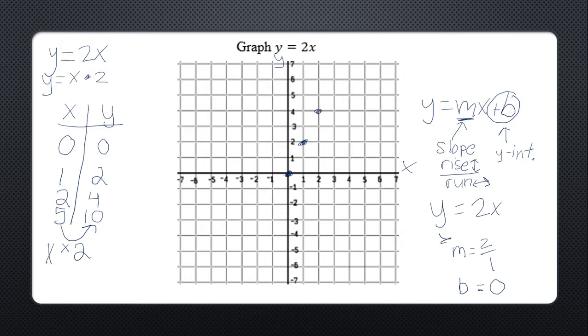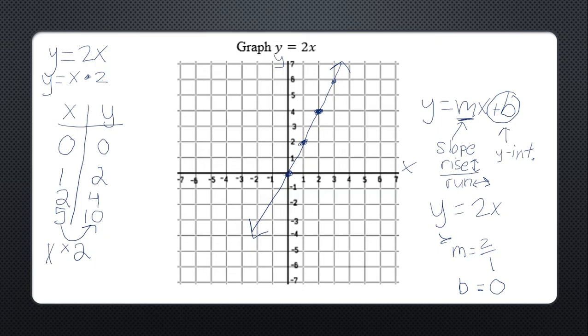So no matter where I go, I'm still going to go up 2 over 1. And I can make my line that way. It's the same line that I graphed before. So what I'm doing with this is I have a point.